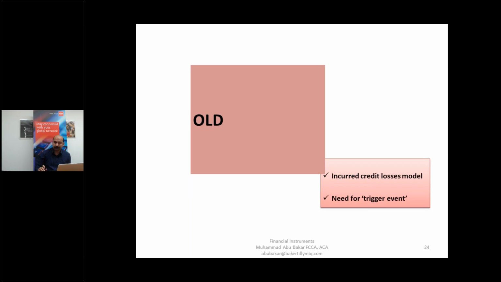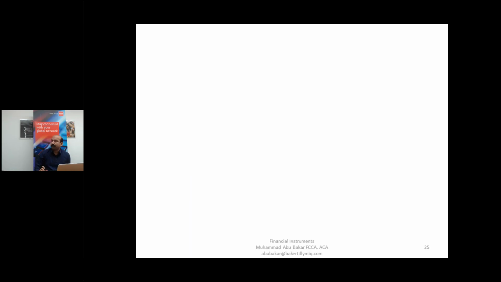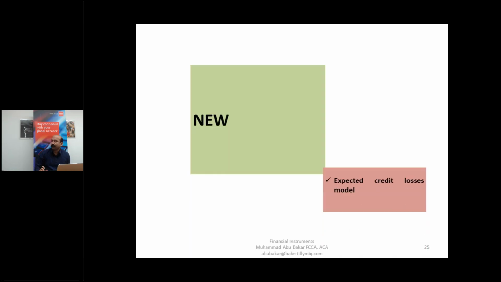What is the new approach? The new approach is forward-looking, an expected credit losses model, with no need for a trigger event. The new approach eliminates the need for a trigger event to recognize impairment losses.